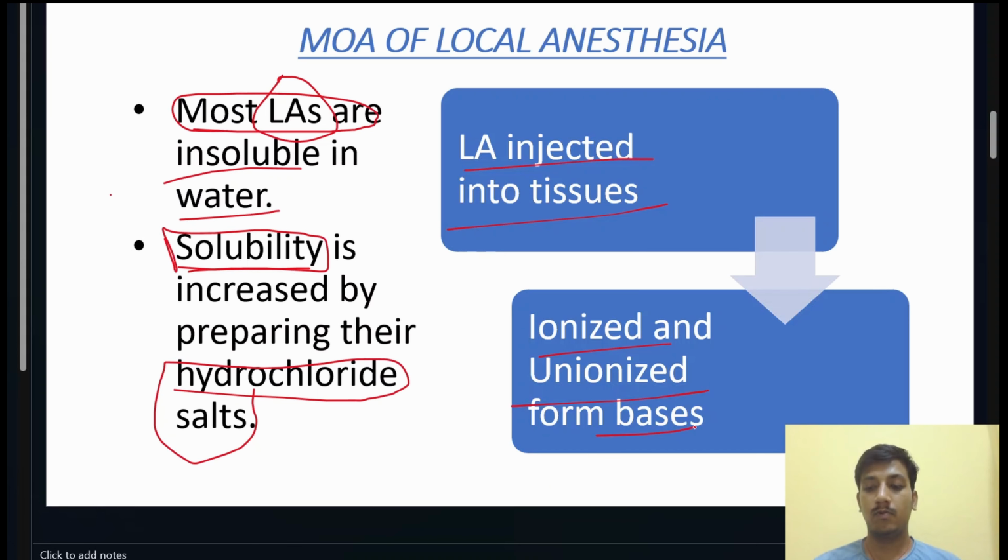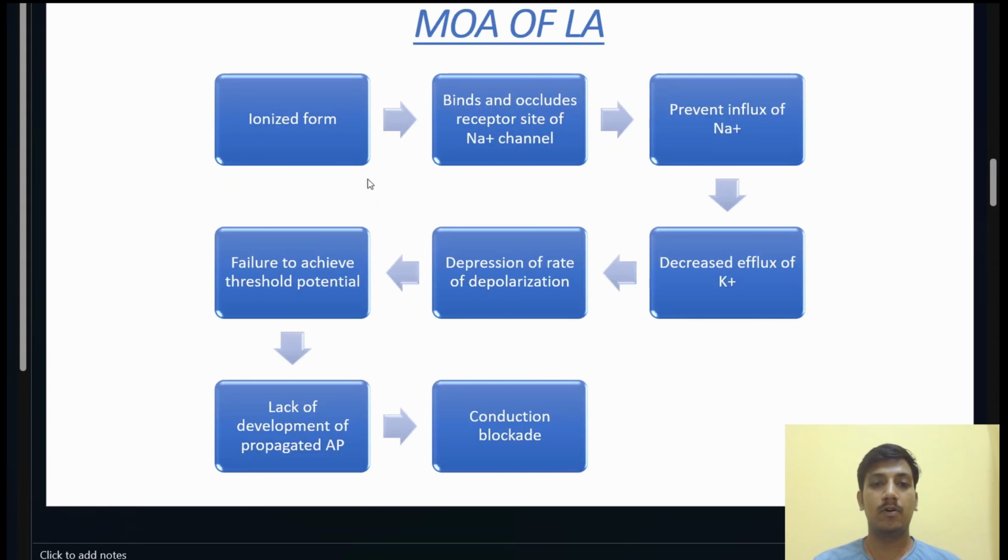Moving further, the ionized form binds to the sodium channel and occludes it and prevents the influx of sodium, which also decreases the efflux of potassium in further propagation. Therefore, there is depression of the rate of depolarization.